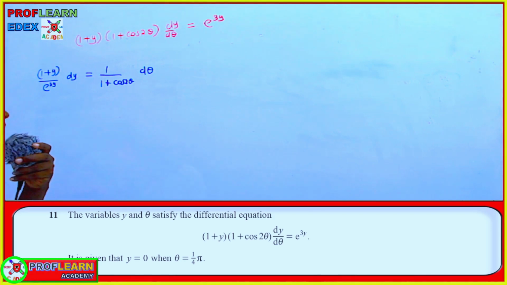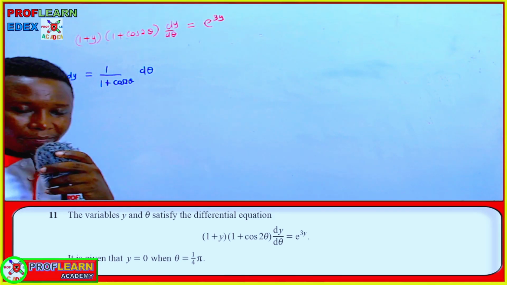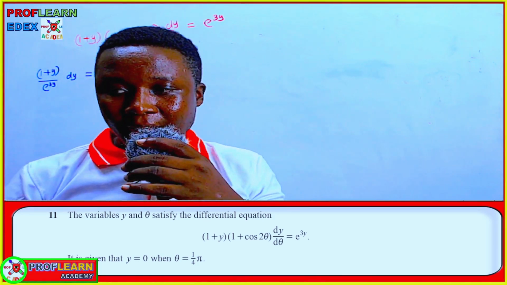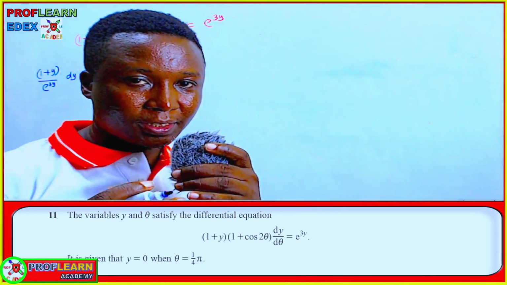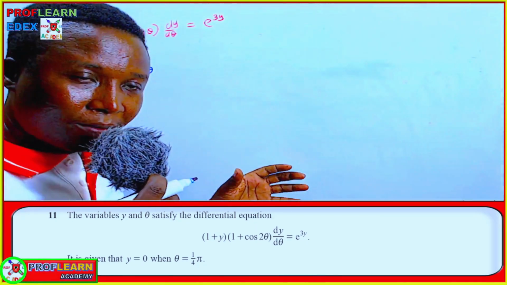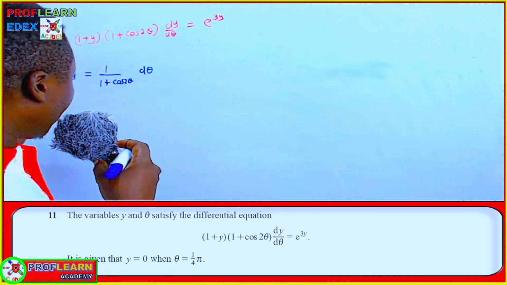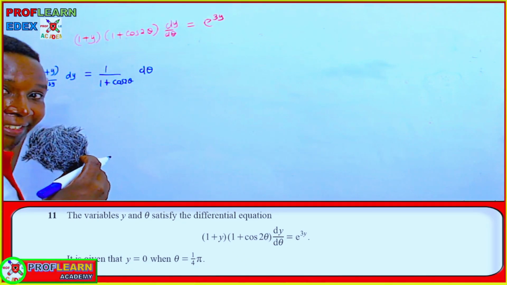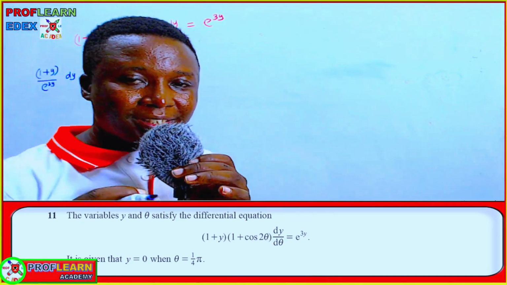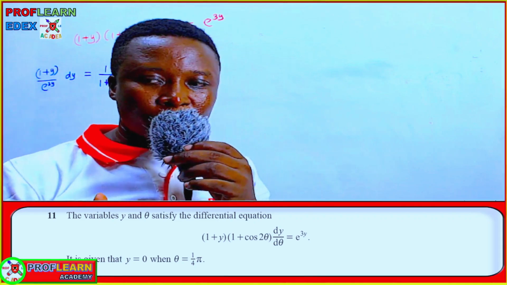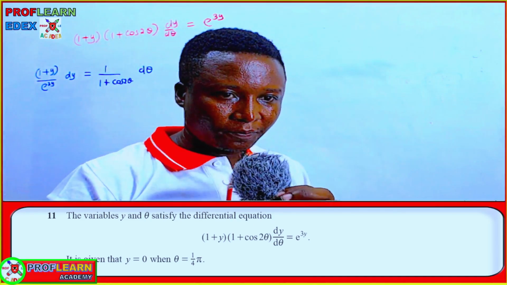If you can see this kind of arrangement I've done, I've arranged them in such a way that those with theta are on one side and those with y are on the other side. That's why we call this method separation of variables.